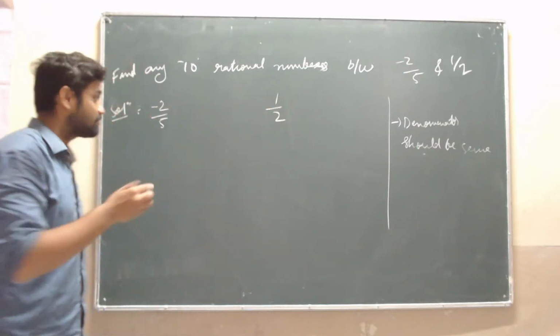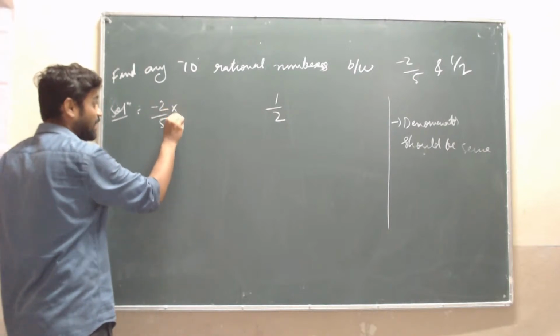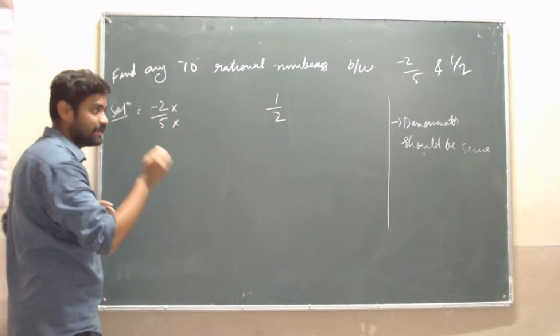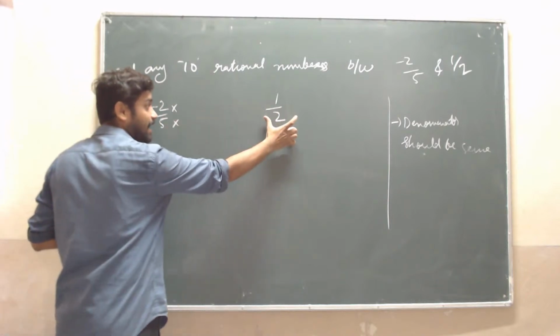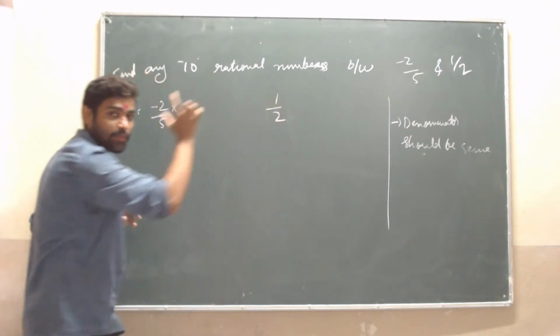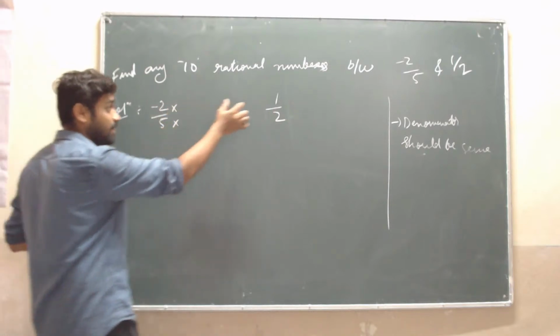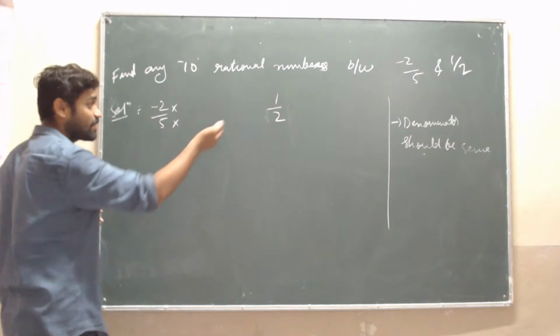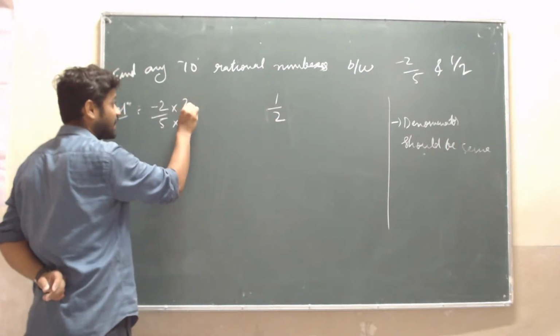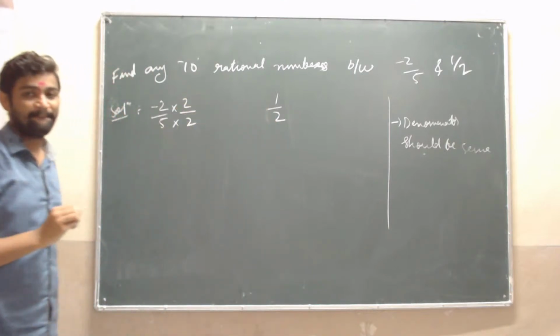How, sir? Simple method: multiply and divide by the opposite number denominator. What is the denominator we have? 2. Multiply and divide by 2.